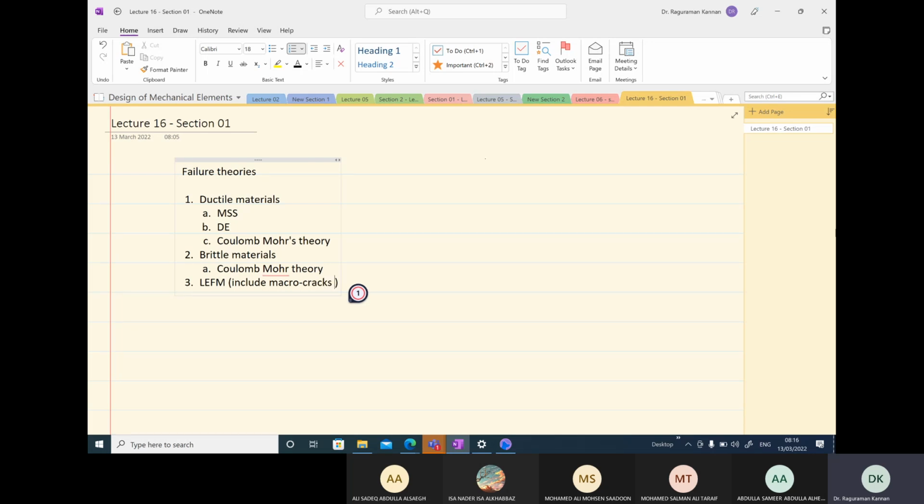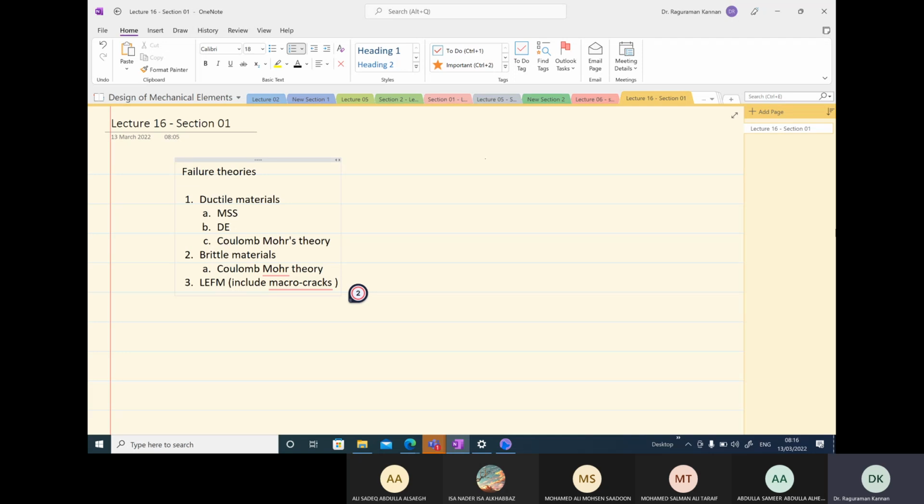So what is a macro crack? Any crack which is in the order of millimeters, a few millimeters, or maybe slightly less than a millimeter, is called a macro crack. Any crack in the order of micrometers is called a micro crack.